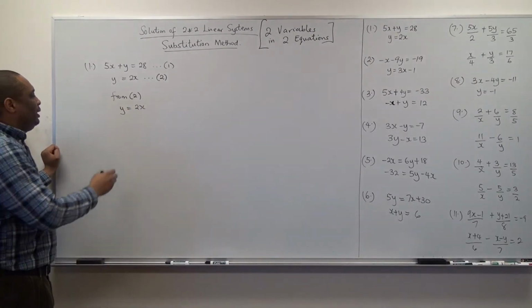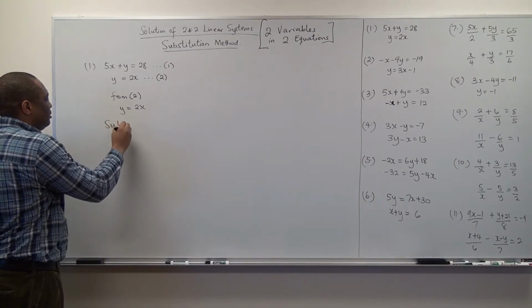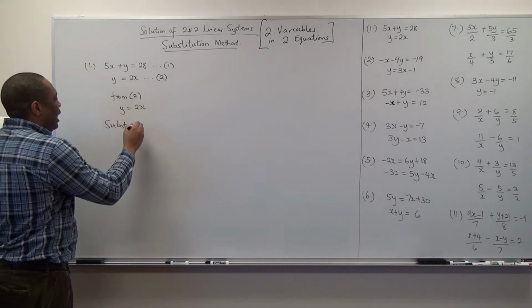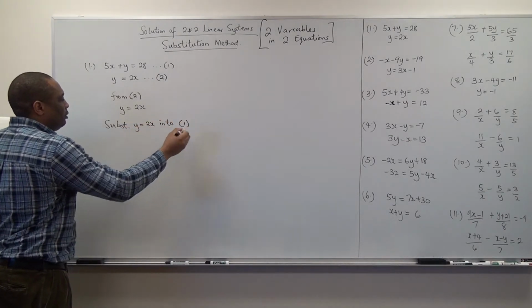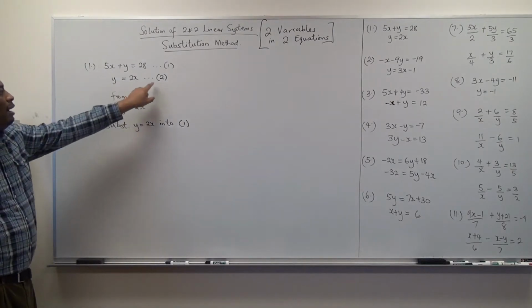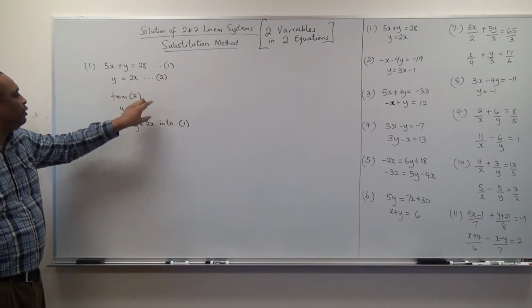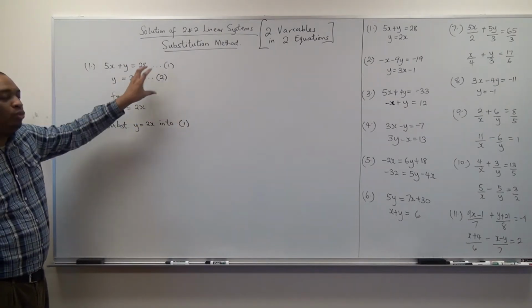And then what we can do is we now write substitute. I'll just use this small form. This is substitute y equal to 2x into equation 1. Now, I've used equation 2. I will now have to use it into equation 1.